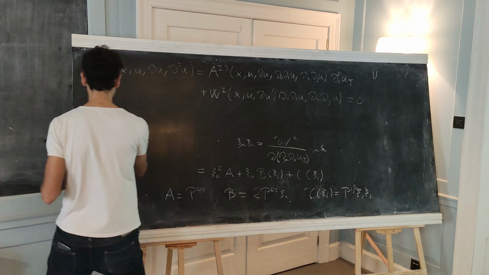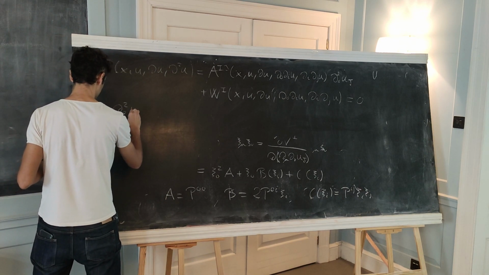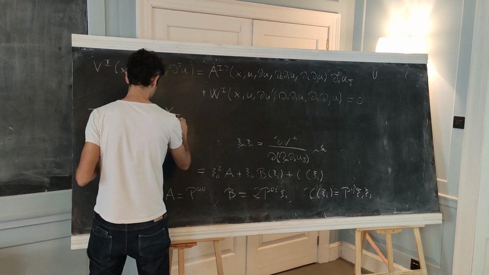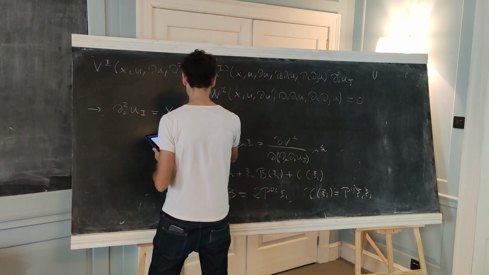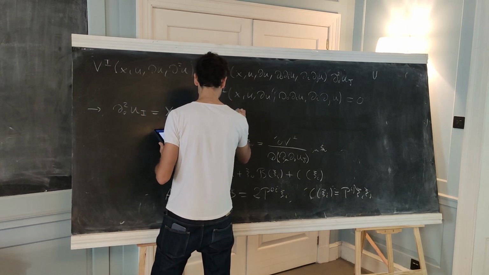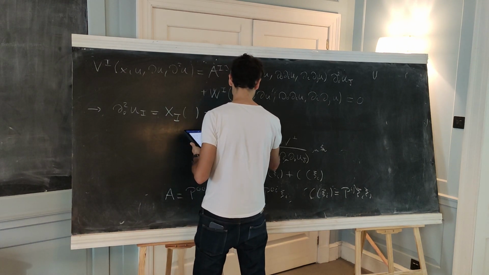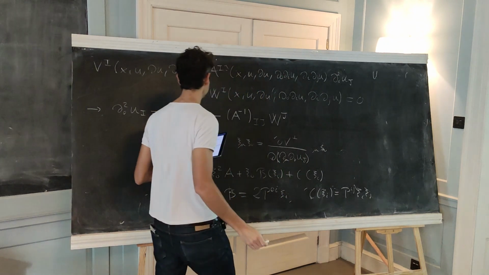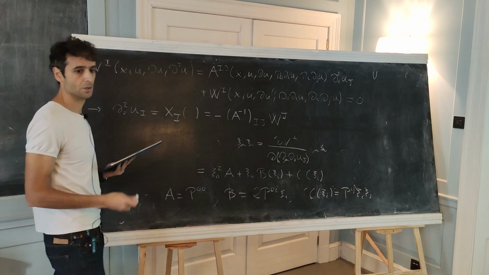So you can write the system as some new function X of everything else, which is just minus the inverse of this A times this one. And all these matrices depend on all these derivatives that you have here.